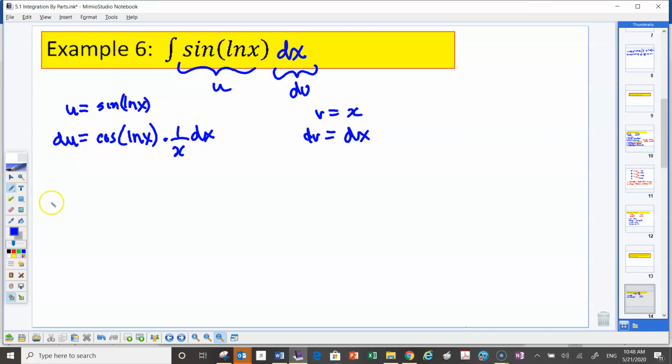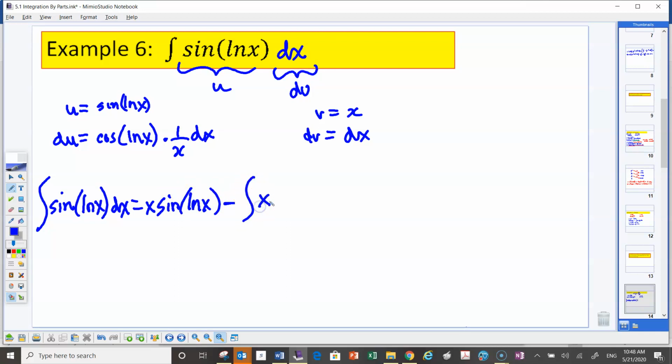So therefore, we'll start this time with the original question, and I'll show you in a second why. So I have the integral of sine of ln x dx is equal to u times v, so it's going to be x times sine of ln x minus the integral of v du, which is 1 over x cos ln x dx.